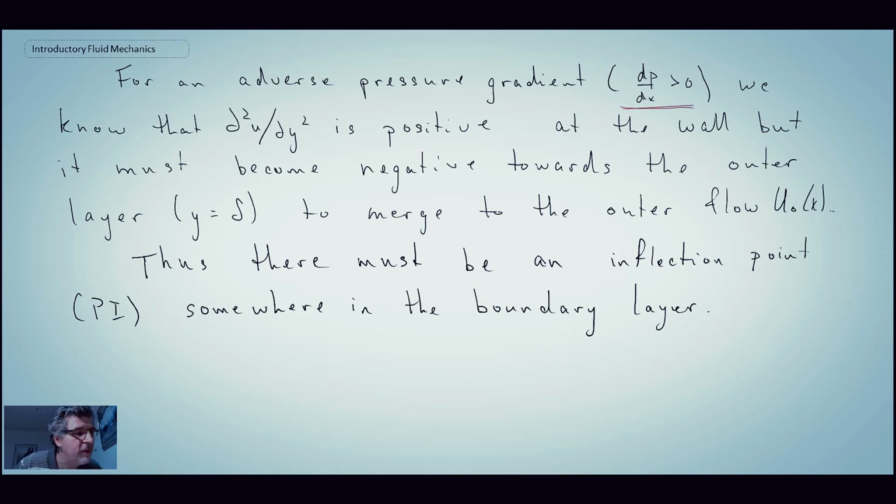So what we're now going to do is take a look at a number of different velocity profiles for different types of pressure gradients. And we'll start off with favorable, and then we'll go to zero pressure gradient.